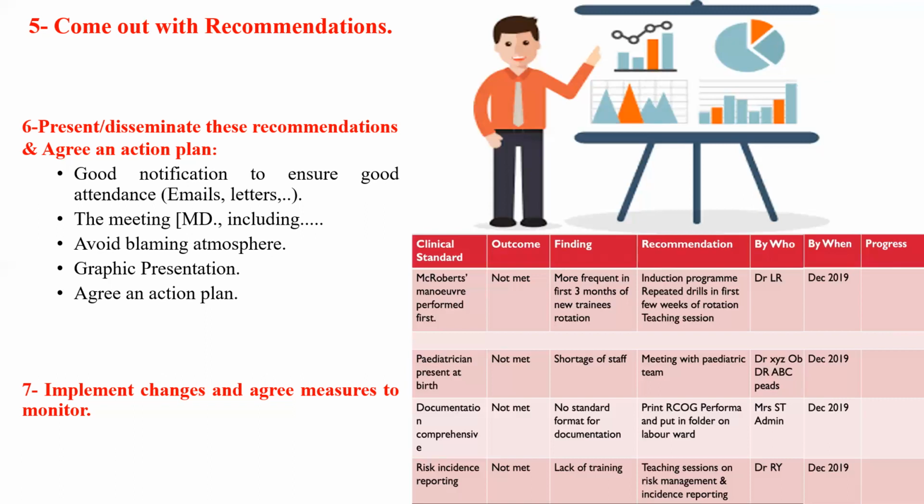It should be in a friendly atmosphere, avoid blaming. As we said, you should be hard on the topic but soft on persons. By the end of the meeting, you should have an agreed plan of action, you should ensure that these changes are implemented, and you should agree the measures to monitor these changes.